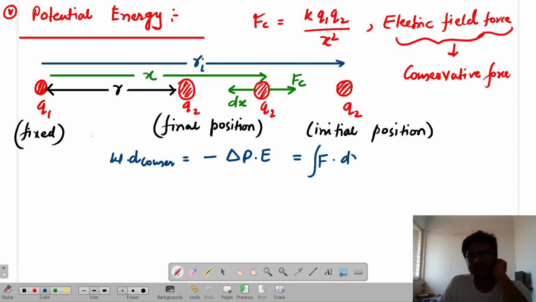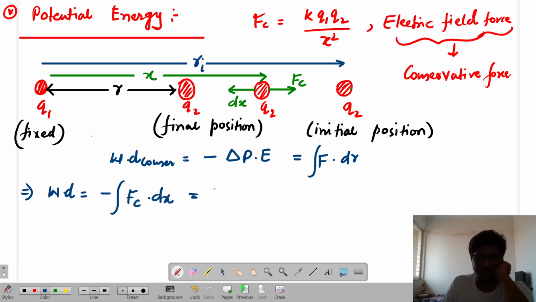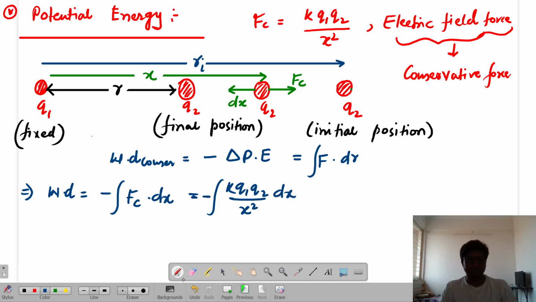Integral F dot dr. So when I am moving the body by a very small amount towards right side and the Coulomb force is acting on the left side, work done will be simple, minus of Coulomb force dot dx, isn't it? So what is my Coulomb force? K Q1 Q2 by x square into dx, and that too in negative sign. Are you able to get me or not?